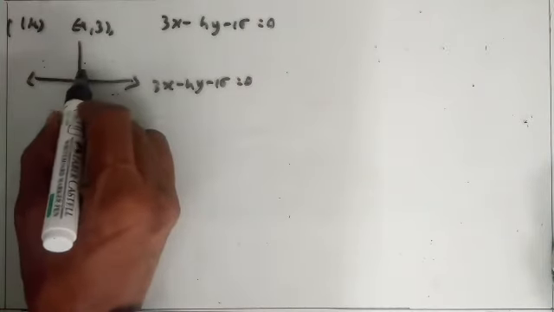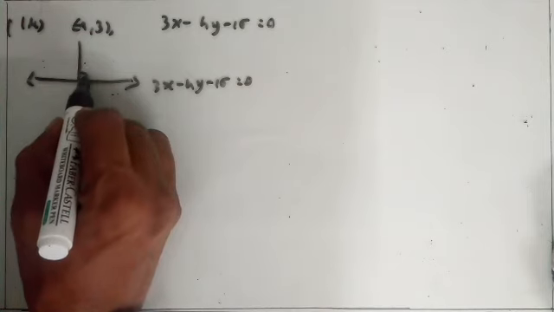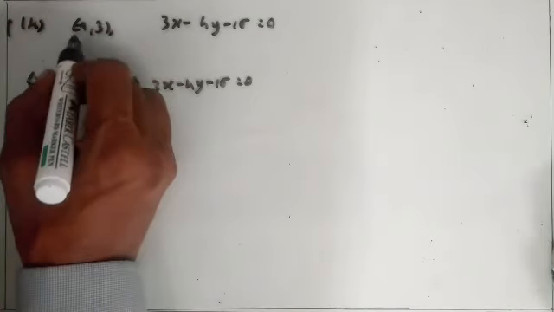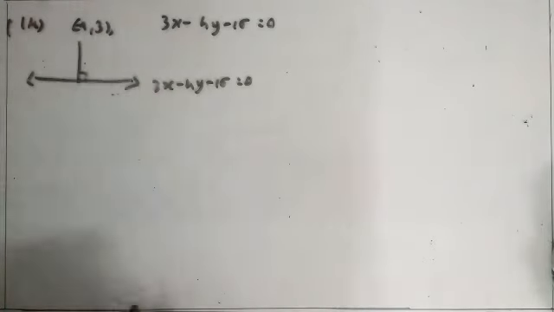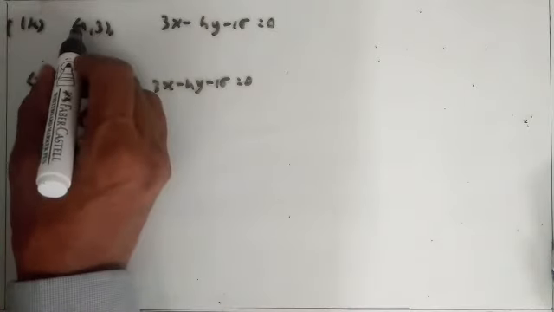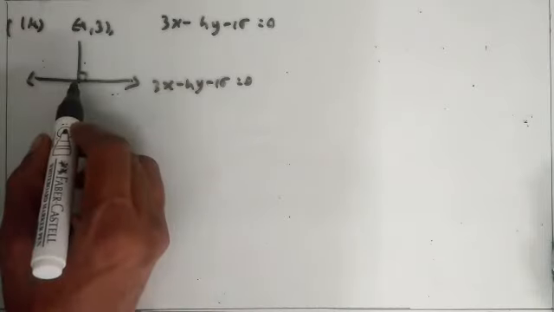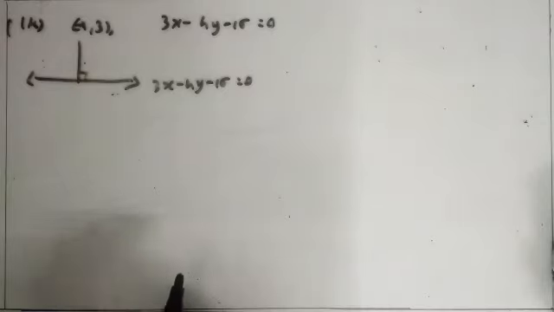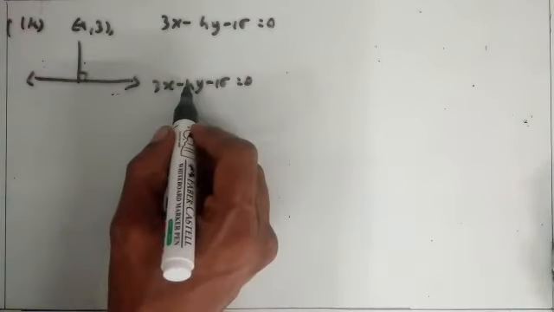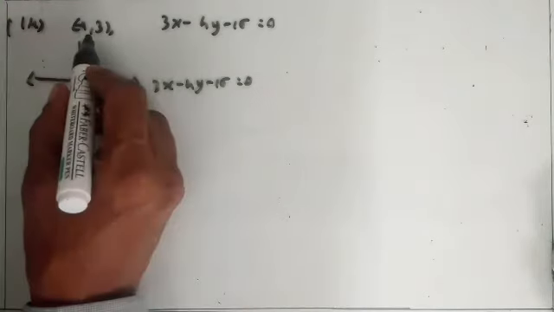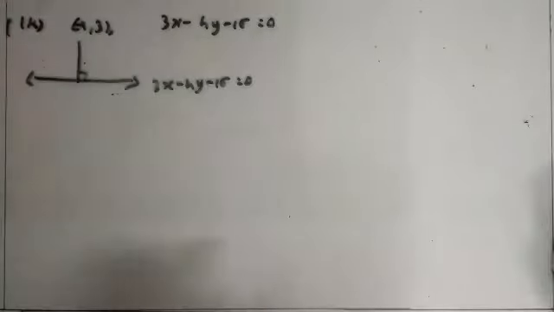First we get the equation of the perpendicular line passing through (-1, 3), and solving these two equations we get the foot of the perpendicular. Clear? Suppose A is (-1, 3) and M is the foot of the perpendicular from A to the given line. Here AM is perpendicular to this line, so using the slope of this line and the point, we get the equation of the perpendicular line, and solve these two equations.